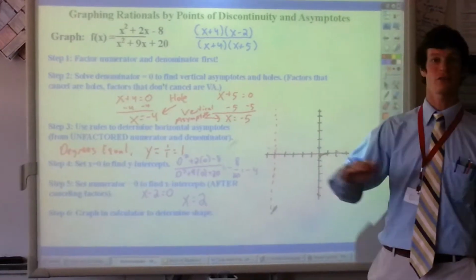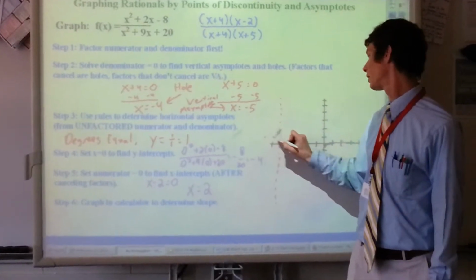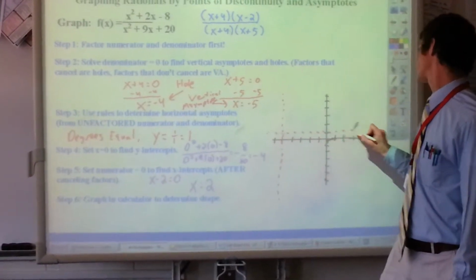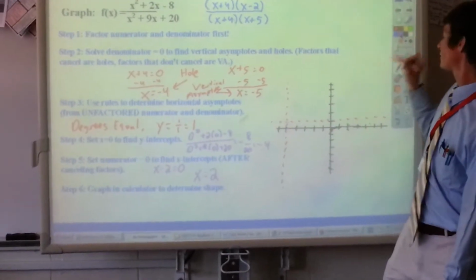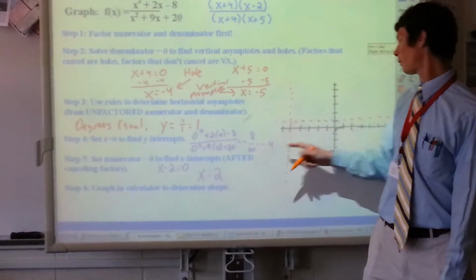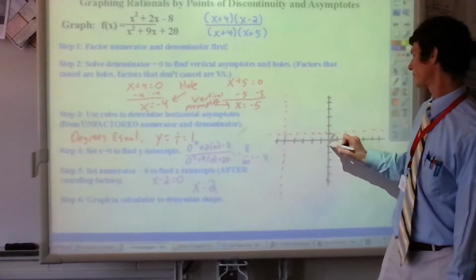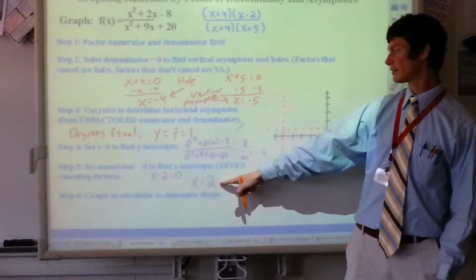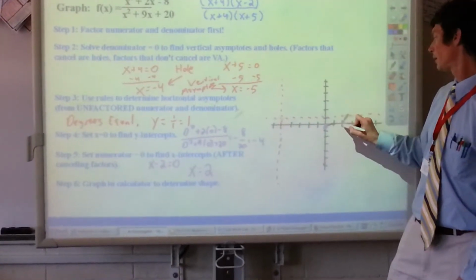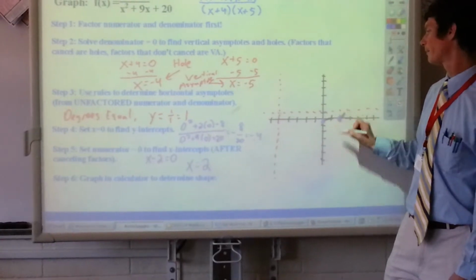And it's horizontal, so it goes across. Just like that. Our intercepts. Our y-intercept at negative 0.4. So we're going to go about halfway down to the negative 1 on the y. X-intercept at x equals 2. On the x-axis, we go to 2.